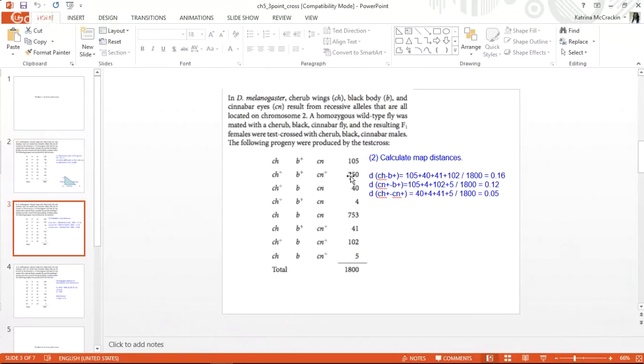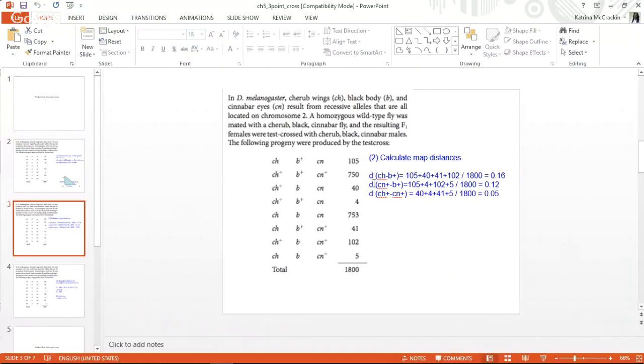So I did 105 plus 4 plus 102 plus 5 divided by the total, and that gave me 0.12. And then I did CH plus minus CN plus: 40 plus 4 plus 41 plus 5 divided by that total, 1800. That gave me 0.05.